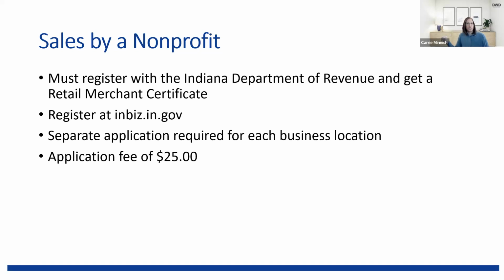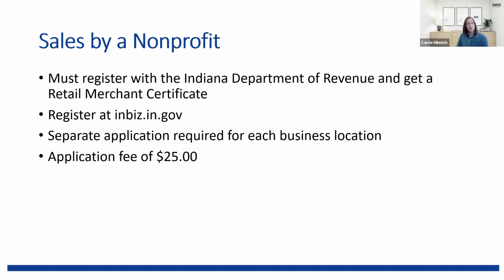So once you do reach that $100,000 limit, you have to register with the Indiana Department of Revenue and get a retail merchant certificate to make sales. Once you need to collect sales tax, you have to register with the Department of Revenue and set up an account. You do it through inbiz.in.gov. There's an application fee.